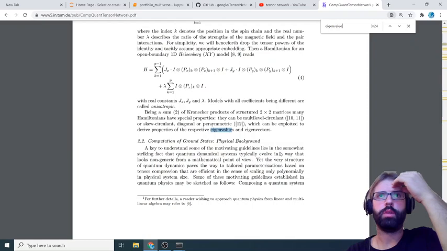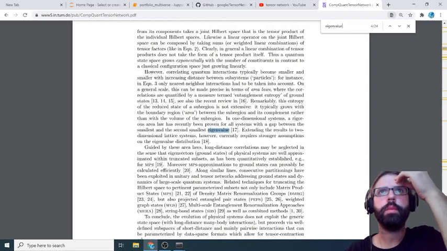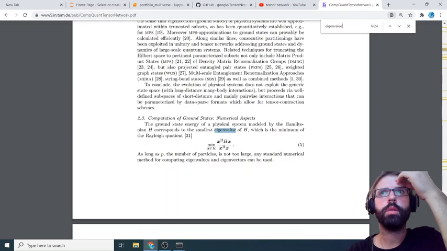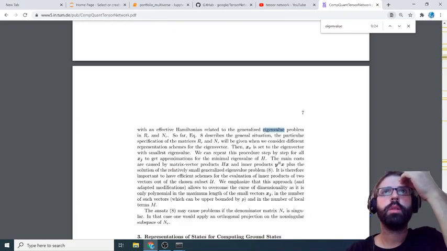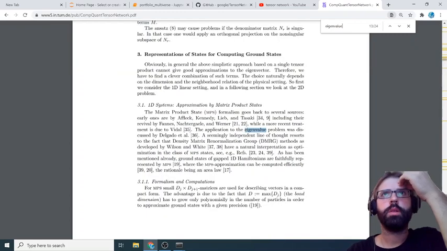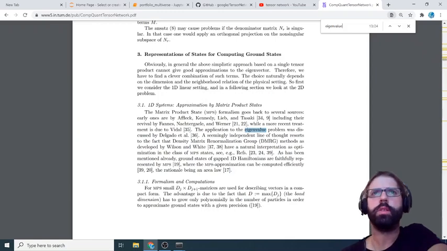Introduction, the smallest. Ground states, approximation by matrix product state. So this is what we want.